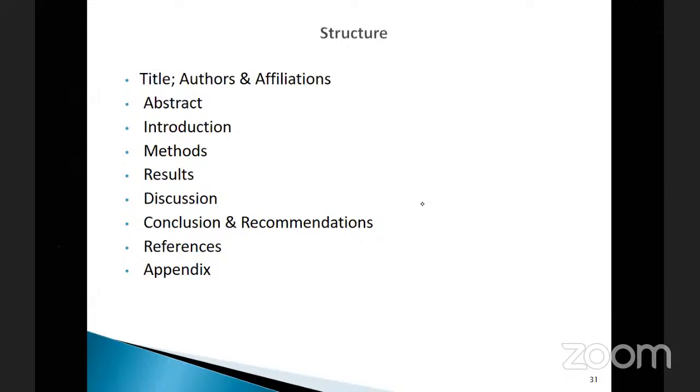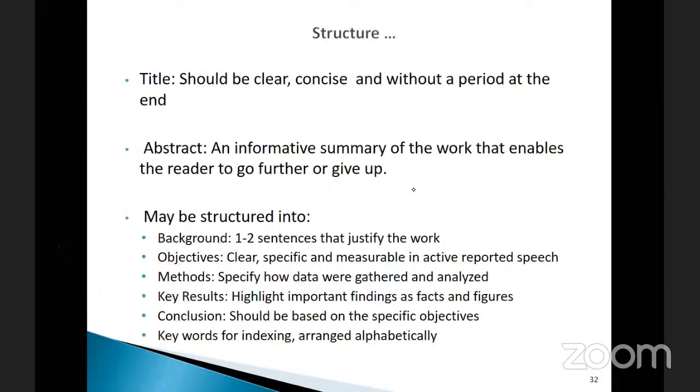So we just pick them and do a little work on each one. The title should be clear, concise, and without a period at the end. We don't put a period, full stop, at the end of a title, please note that.